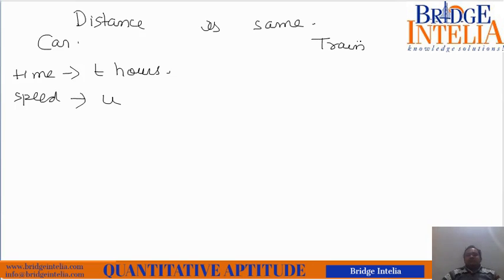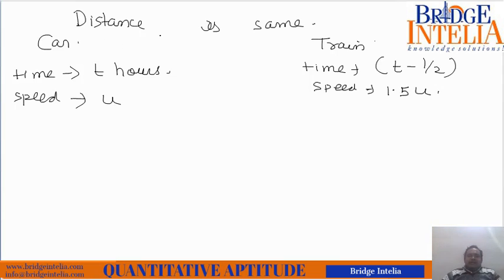Whereas for the train, time taken t minus half, speed 1.5 u. But the distance is same. So distance is equal to speed into time. So you can say t into u should be equal to t minus half into 1.5 u.